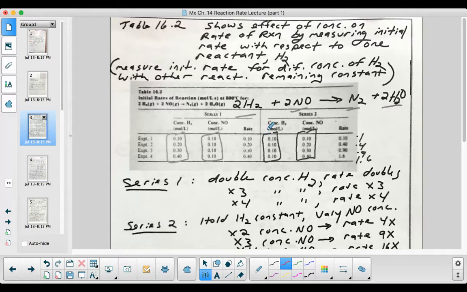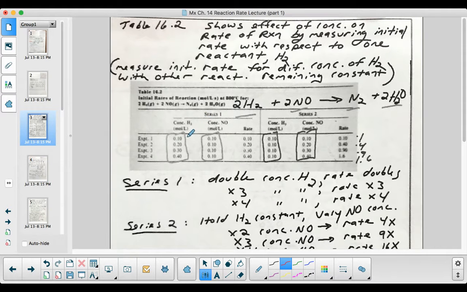So this table here shows the effect of the concentration on the rate of a reaction by measuring the initial rate with respect to one of the reactants. I'm just going to point out what the table shows, and then you can read through my detailed descriptions of what happens. We're going to look at series 1 first.